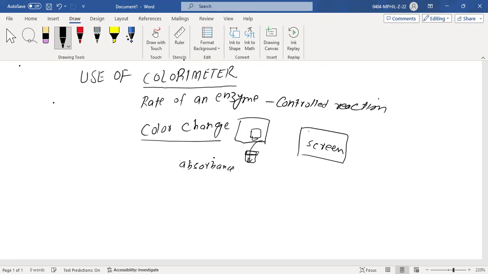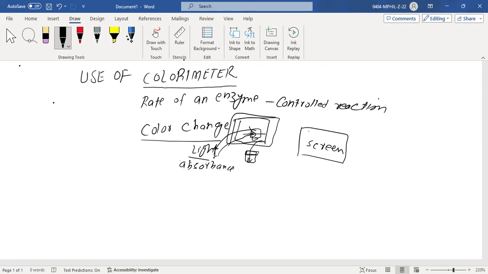Then you have to shine a light on it. There will be a light source connected with this instrument. Different colors are present in this light, and they will strike this cup and pass through it.